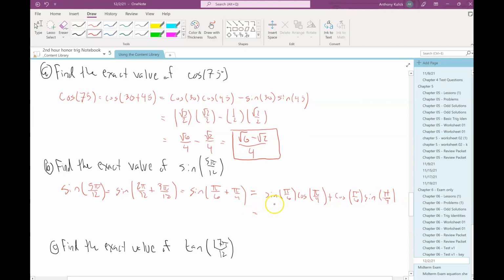So sine of pi over 6 is 1/2. Cosine of pi over 4 is root 2 over 2. Cosine of pi over 6 is root 3 over 2. And sine of pi over 4 is root 2 over 2. So that's going to give me root 2 over 4 plus root 6 over 4, or root 2 plus root 6 over 4.